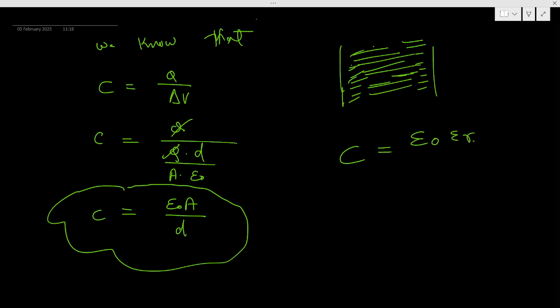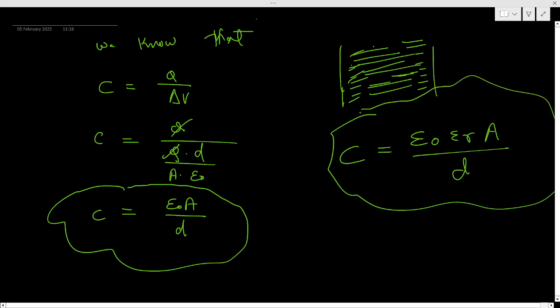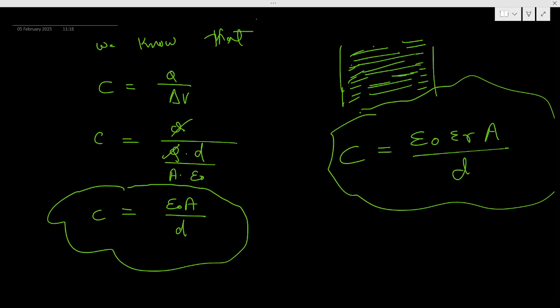So we get epsilon naught epsilon r A by D. So the value of capacitance will increase when you fill the dielectric medium between the plates of the capacitor, and that increase is by a factor of epsilon r, because we have multiplied by epsilon r. You have to keep this in mind also.